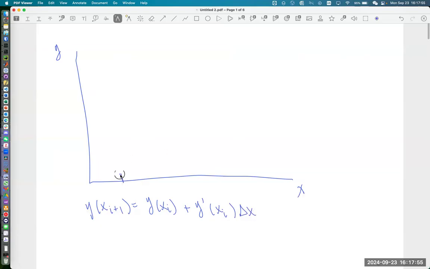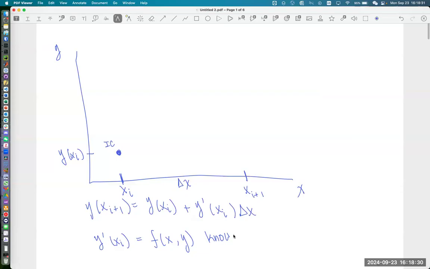If we have the graph, we label this as f of i, the initial point, and some x of i plus 1 that's separated by delta x, then what we already know is the point at x of i and y of x of i. This is the initial condition, the IC. What we also know from the ODE is that we have a derivative equal to a function of x and y. This is already known.